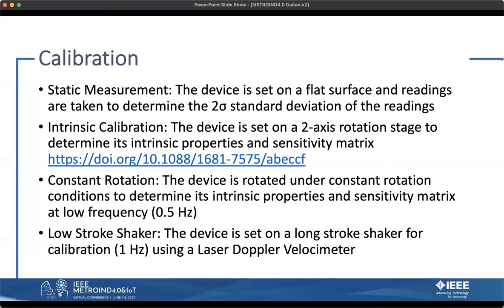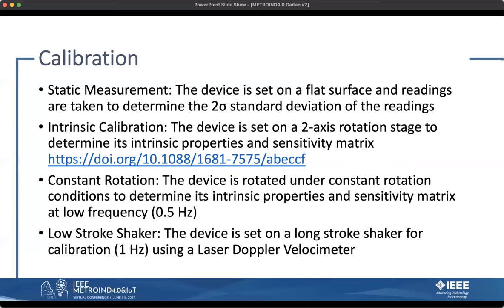We can also apply the same approach using constant rotation. This is basically the same exact protocol, but instead of stepping through discrete angles, we're rotating at a constant rotation rate. In this work, I'm going to report this at a low frequency of 0.5 hertz.